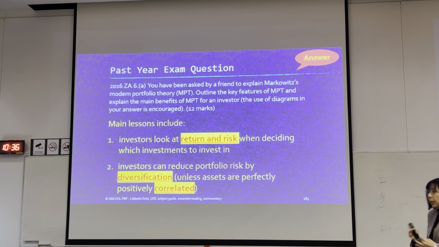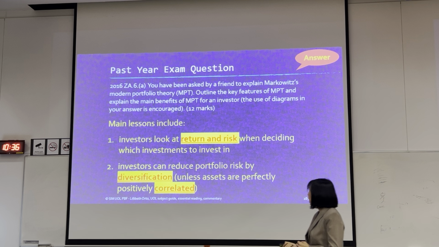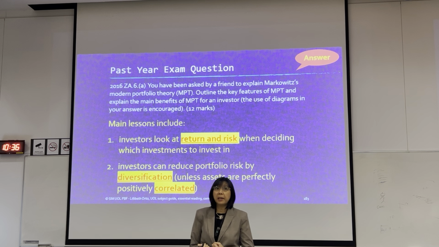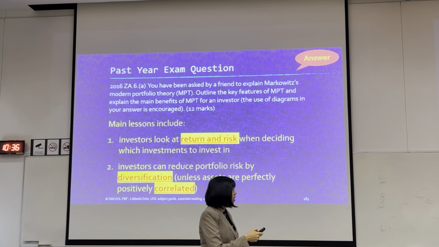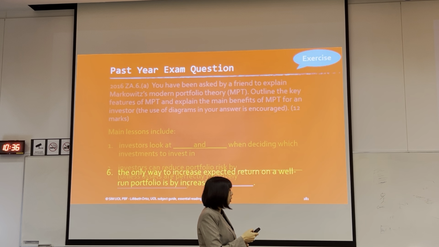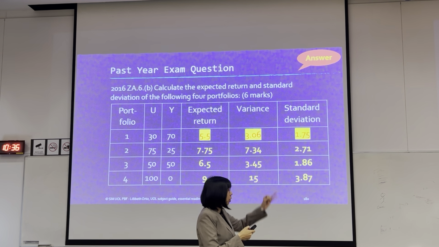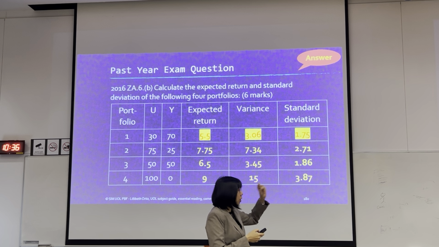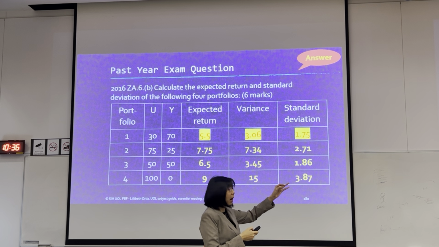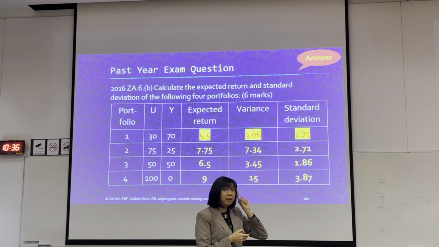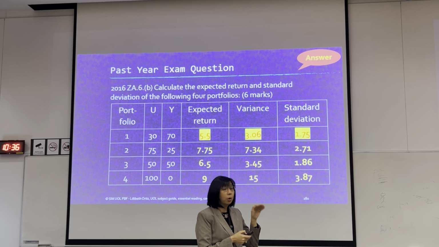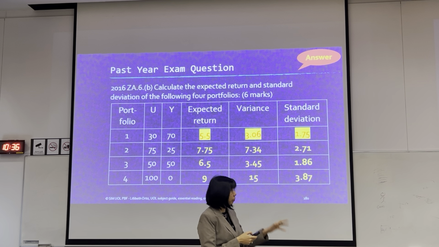And a key lesson is investors can reduce portfolio risk by diversification. The reason why they wanted to ask you to do this is that you can see how the variance gets lower depending on the combination that you have. Because remember, they have a negative correlation. So there's a lot of opportunity for diversification, lowering risk.